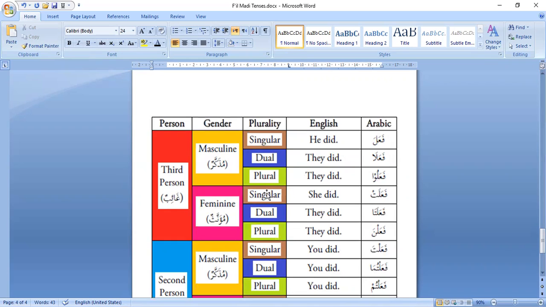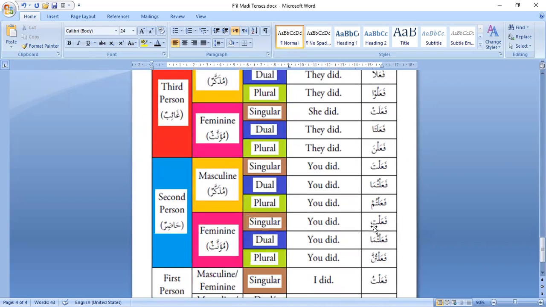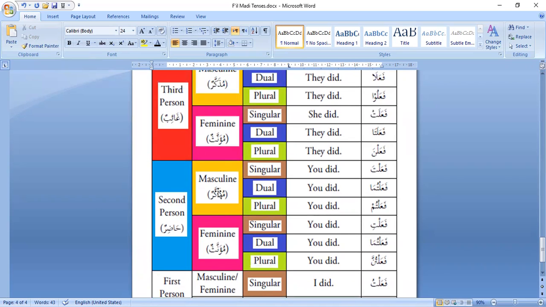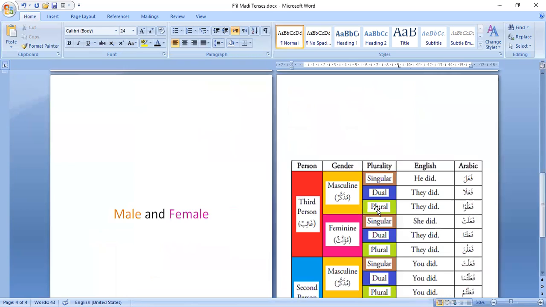Third person, feminine, singular, she did, fa'alat. And so on, dual, plural, fa'alata, fa'alna. Then you have second person, which is hadir, mudhakkar, which is masculine, singular. Fa'alta, you did. Fa'altuma, fa'altum. Can you see now the structure? Does everyone understand that?